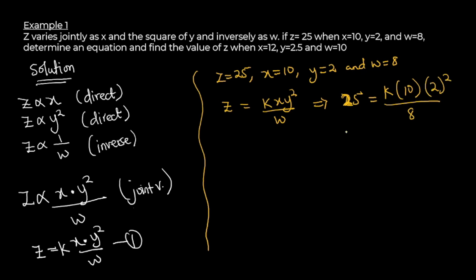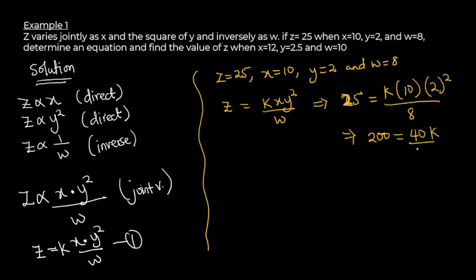If we further simplify this, we have 25 multiplied by 8, which gives us 200, equal to 2 squared is 4 multiplied by 10 gives 40, multiplied by the constant, 40K.